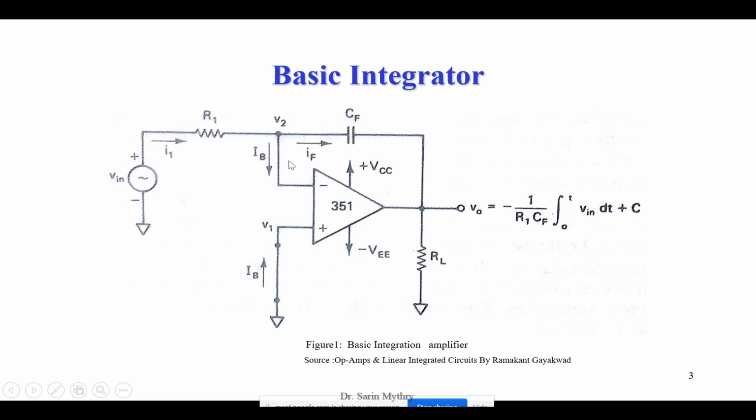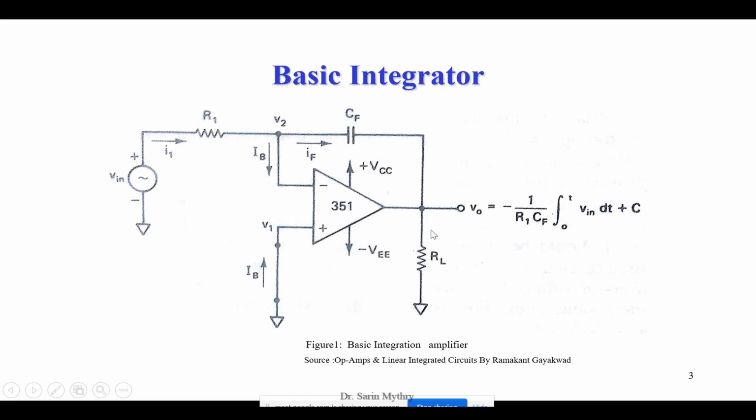That feedback component is a passive element which is nothing else but the capacitor. Usually we do not see the capacitor in the feedback, but in integrators we see a feedback capacitor. Let the name of the capacitor be CF, because it is a feedback, so I have named it CF. And the other terminal of the op-amp, that is the non-inverting terminal, is directly grounded.